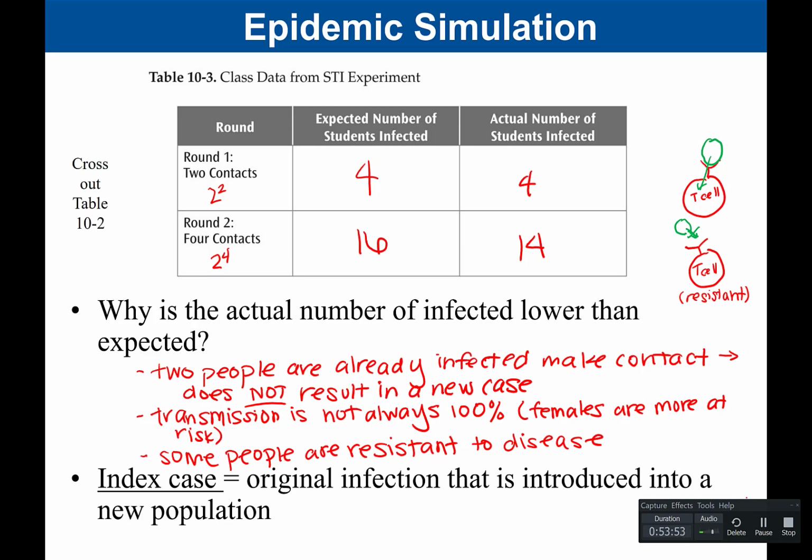A really good example of this was HIV. The index patient was always thought to have been a male homosexual flight attendant in New York. And as a result, there was a big stigma associated with HIV.